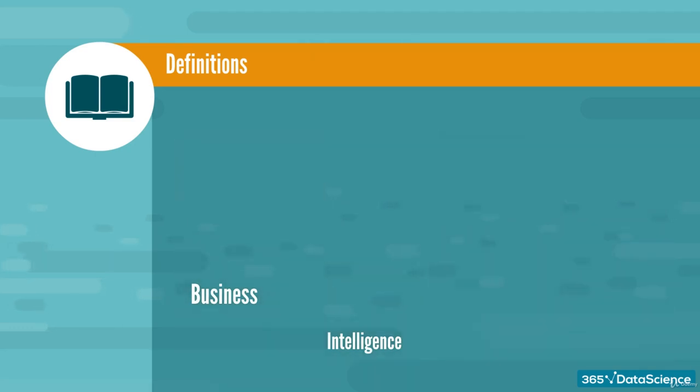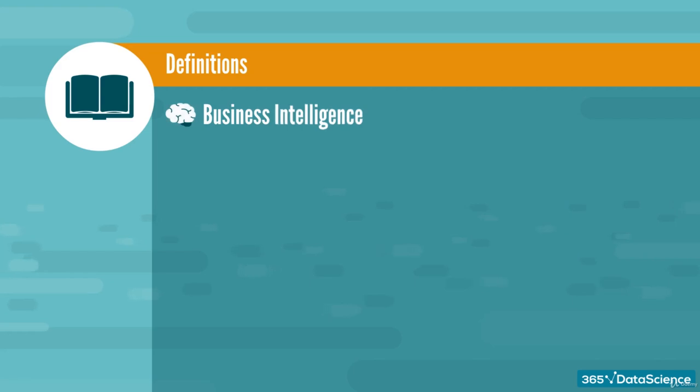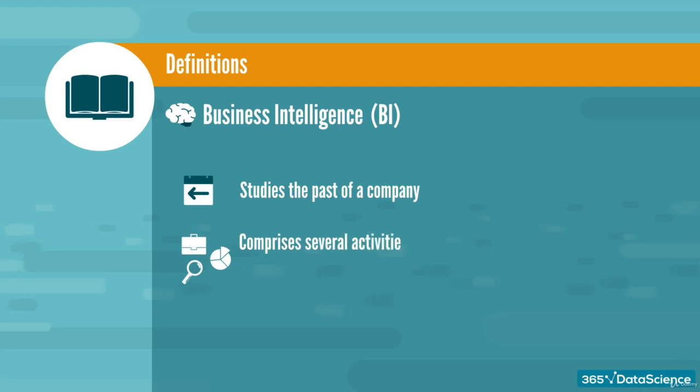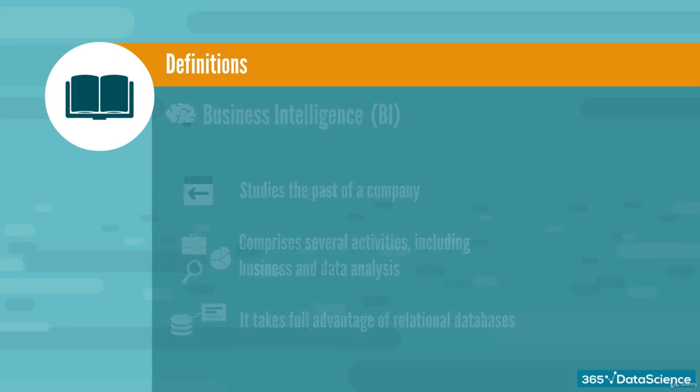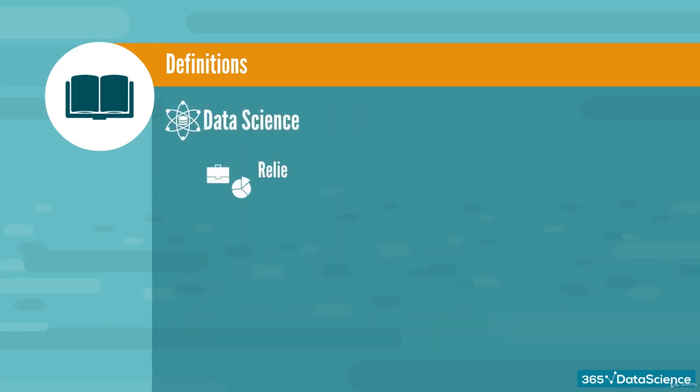So, loosely speaking, business intelligence, or also BI, studies the past of a company. It is vast and comprises several activities, including business and data analysis. Probably what's most notable about BI is that together with the corresponding analytical methods, it takes full advantage of relational databases.